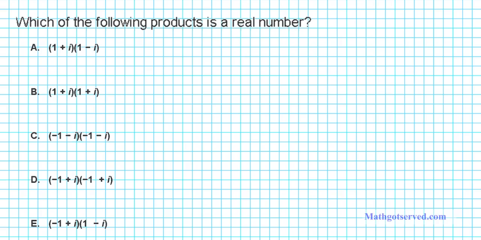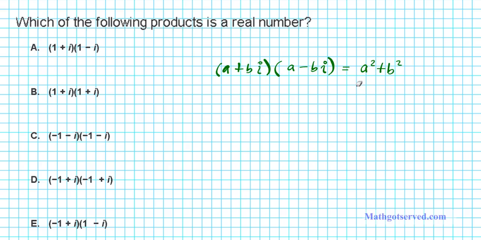So what is the conjugate of a complex number? If you have a plus bi, all you do is invert the sign of the imaginary part, so a minus bi. If you multiply these two together, you have a squared plus b squared, which is a real number.